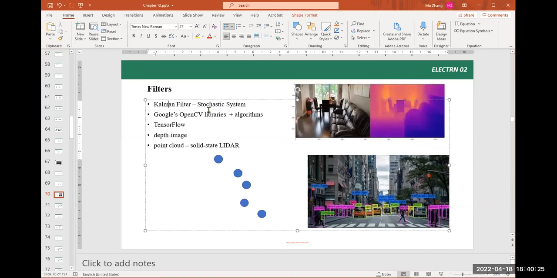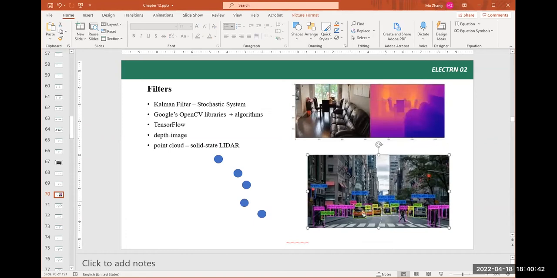And then there are some other applications related to this, such as Google's OpenCV libraries. OpenCV is for machine learning or computer vision. It lets a computer with a camera see things and recognize things. Like this, perhaps it's a smart car, smart robot, autonomous car, Tesla cars, and there's a camera in front.